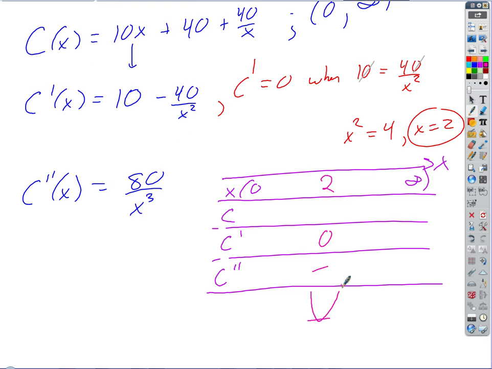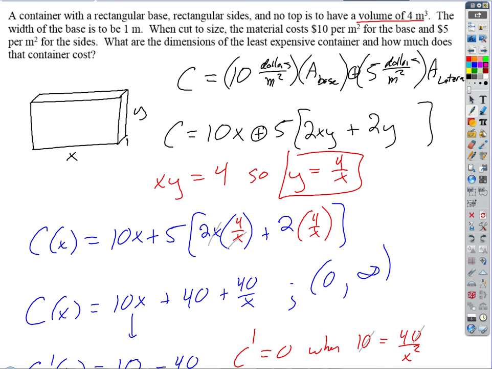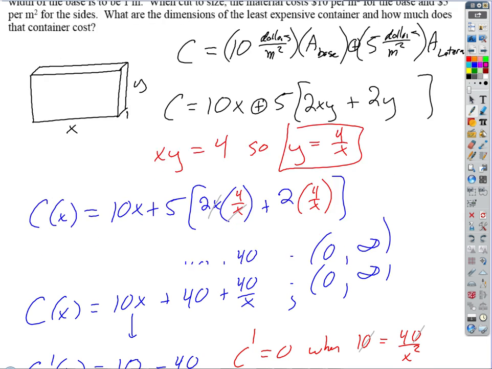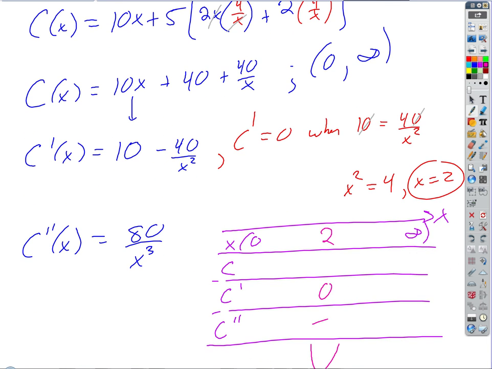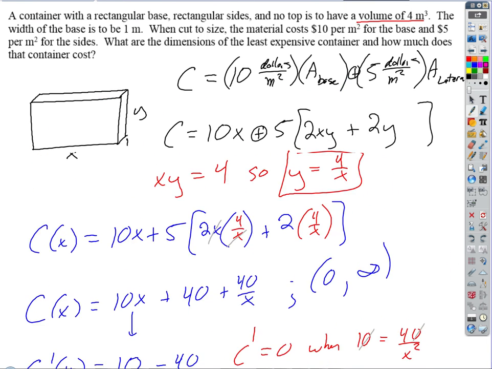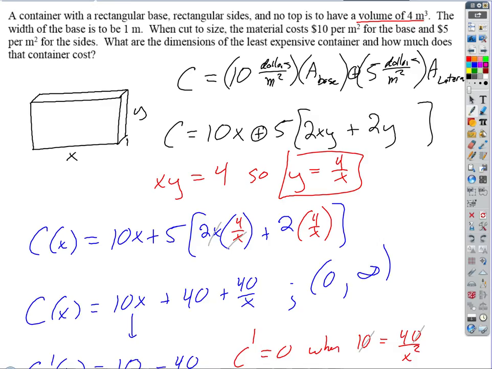Is that what we were looking for? Yeah, least expensive, right? So cost is going to be minimized when x equals 2. What do they ask for? What dimensions minimize cost? So you have to find two things. So we've got to find y, don't we?